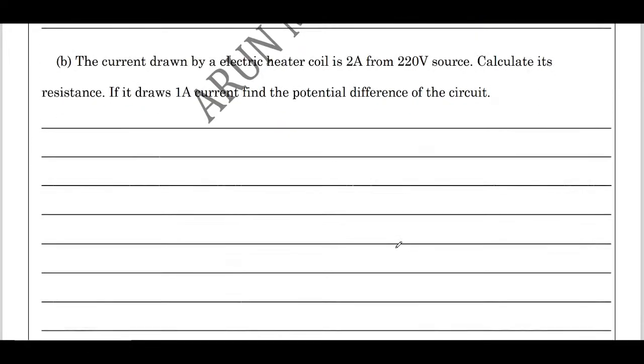Now the sub question for the same question: the current drawn by an electric heater coil is 2 ampere from a 220 volt source. Calculate its resistance, and if it draws 1 ampere, find the potential difference of the circuit.